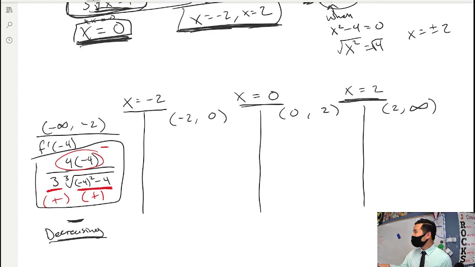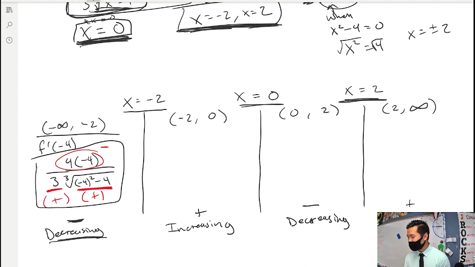I'll leave the remaining 3 for you to try on your own, but I'll give you the answers so you can double check. This should be positive here, which means it should be increasing here. This one should be negative here, which means it should be decreasing here. And this one over here should be positive, meaning it's increasing over here.